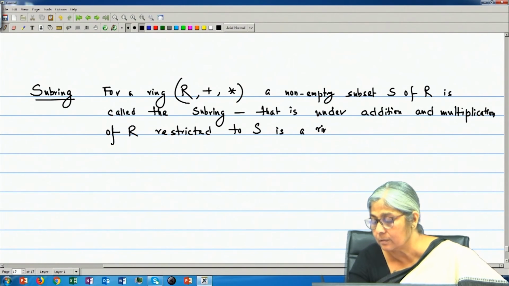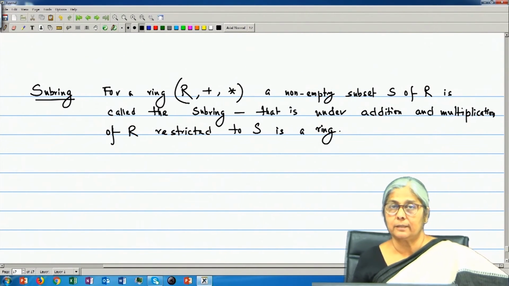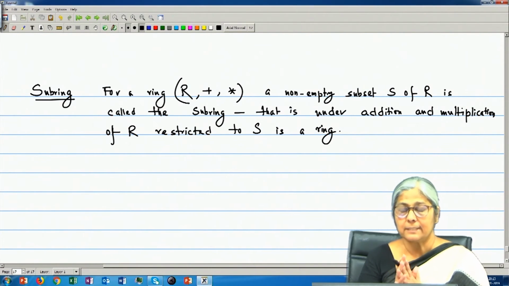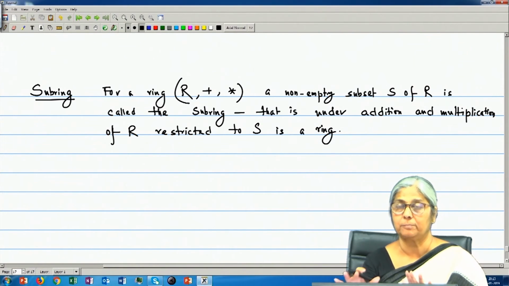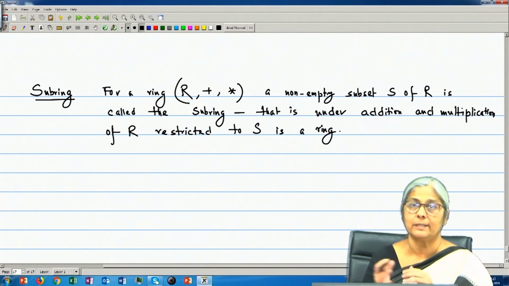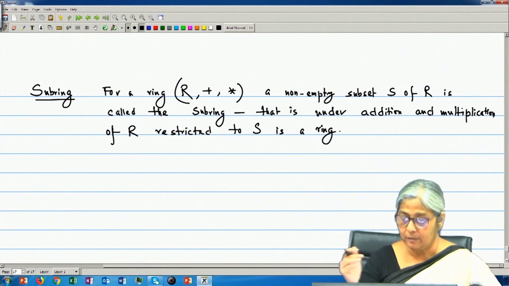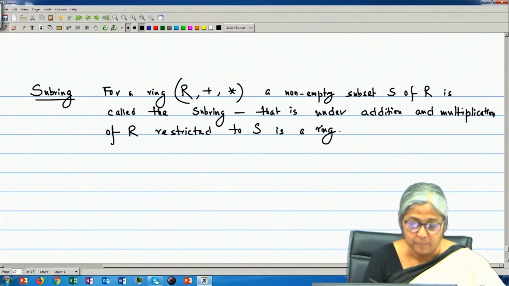In other words, with S a subset of R, with respect to this addition and multiplication defined over R, S is also closed and S becomes a ring. So, this is a subring.